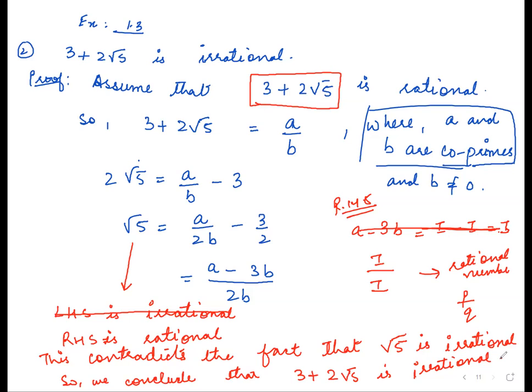So I'm just giving you a hint of question number 3. Some parts, and the rest you can do. So this is 1 upon under root 2, right?